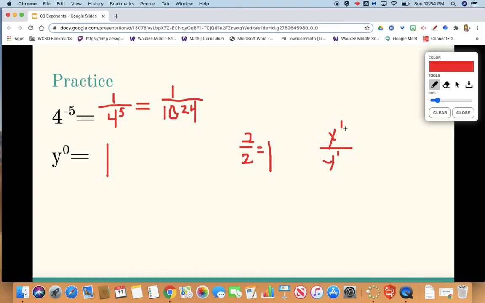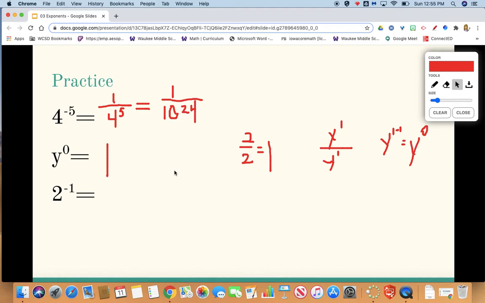And guess what happens when I subtract the exponents, like I would since this is a division problem with the same bases? We would subtract the exponents, which would give us y to the 0. And look at that, it's the same number over the same number, which also would equal 1, just like we talked through with that example. So that's a little bit of a why. That's always going to give us 1.